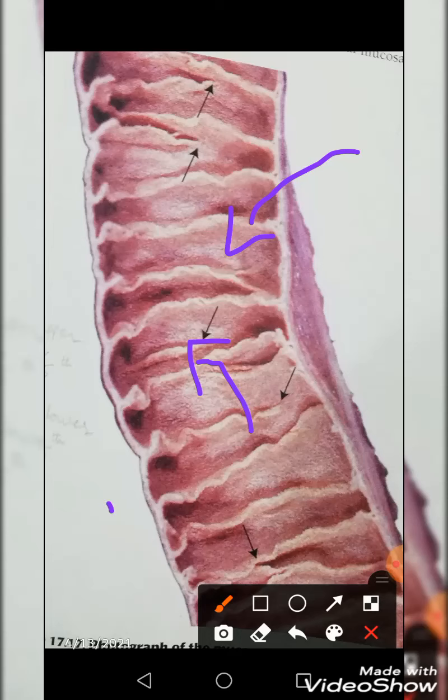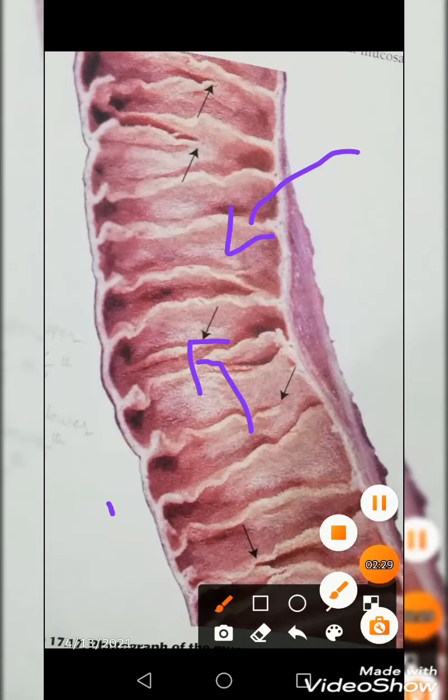And where do we find them? We find them most prominent in the jejunum, and they are entirely absent in the initial segment of the duodenum, and the distal half of the ileum is also free of these plica. So these are permanent folds of the mucosa visible to the naked eye, different from the rugae, which were temporary folds.